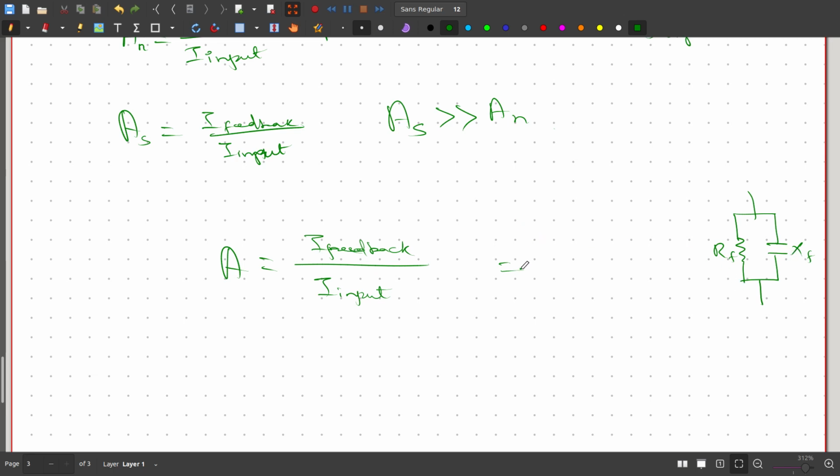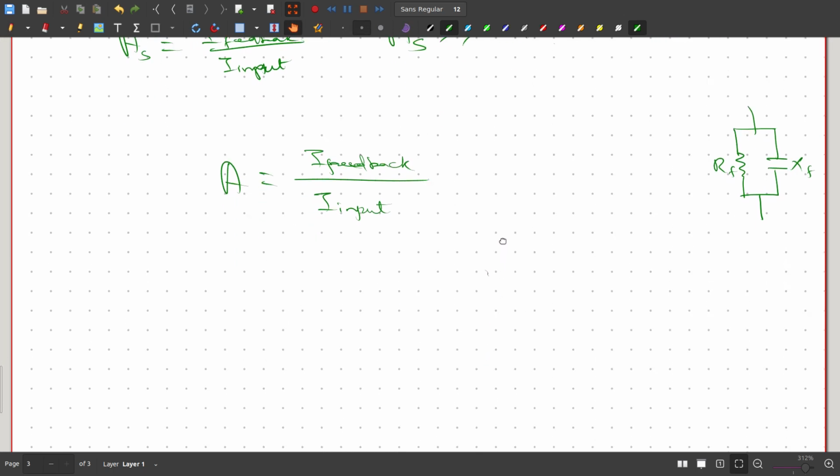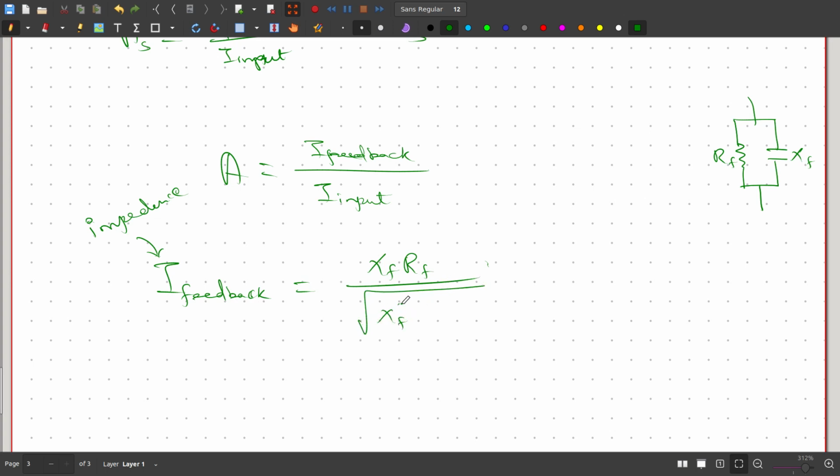The feedback network's impedance is XF RF divided by root of XF square plus RF square, right?